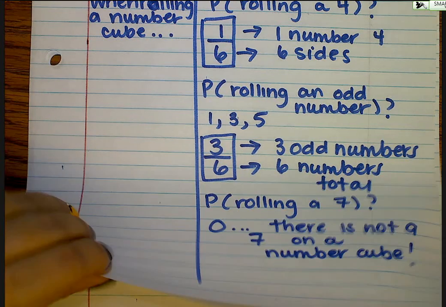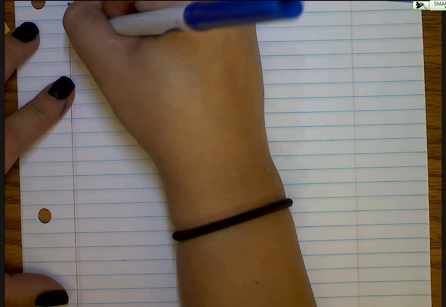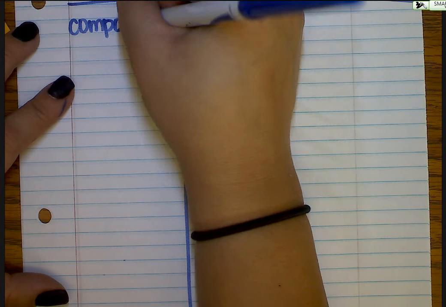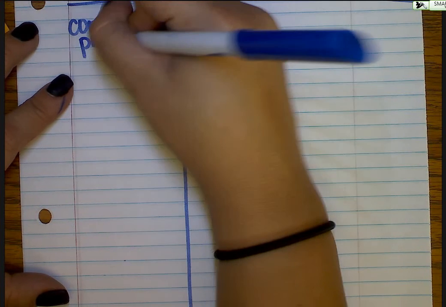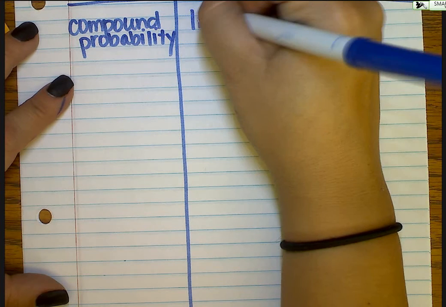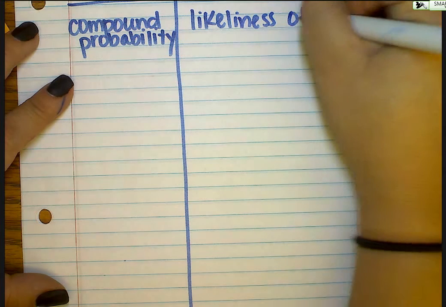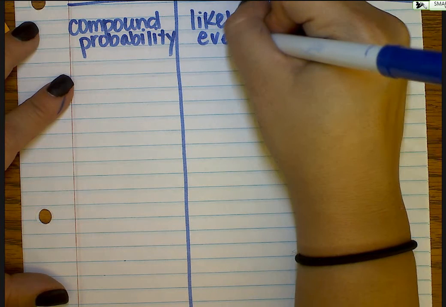We have started learning about using one number cube, but now we're going to talk about using dice for compound probability. So compound probability, again, is the likeliness of two events occurring.